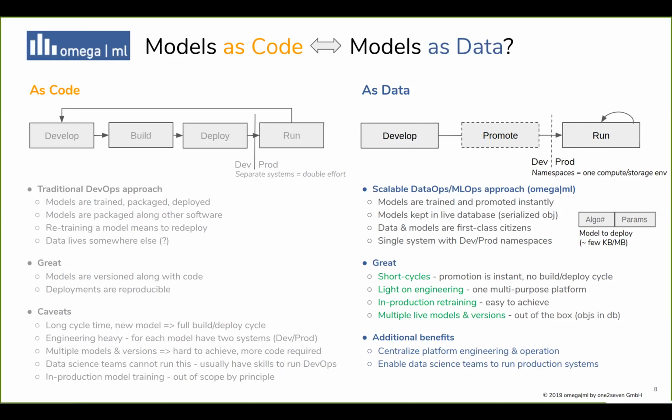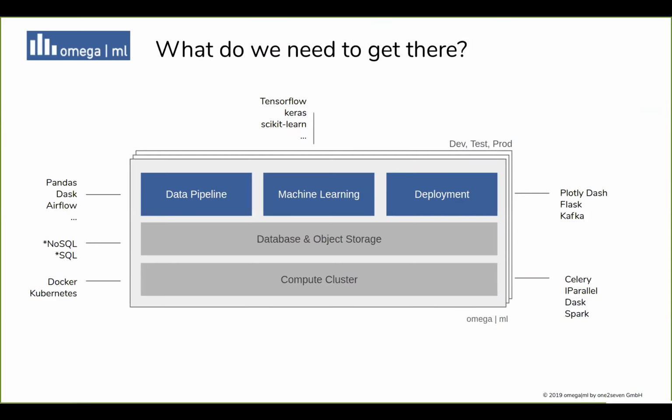So I think that the models as data approach has quite a bit of advantages. Now, you may ask, and I announced that in terms of the open source part, what do we need to get there? And surprisingly, everything is actually there.